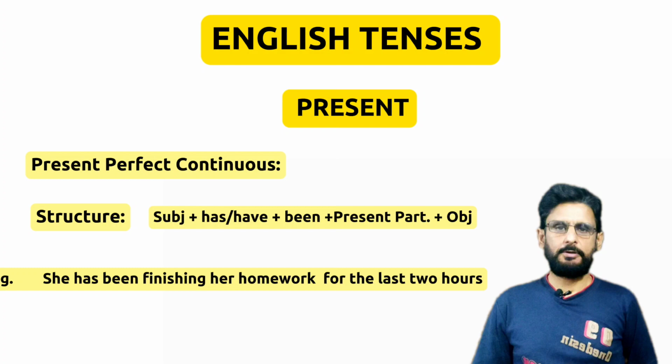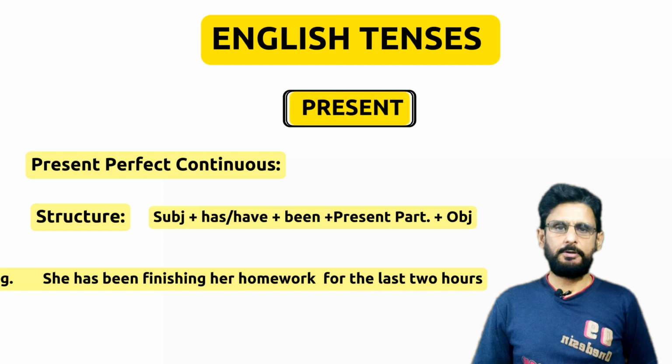She is the subject, has is the helping verb, been is present over here, and then the present participle form is there, finishing. For the last 2 hours is adverbial. Her homework is the object over here. So this is an example of present perfect continuous tense.